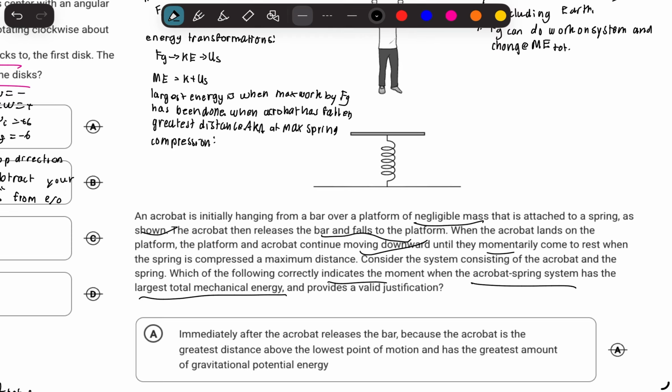And that is when your v is equal to 0 and your spring potential energy is equal to its max. So all work done by gravity has been stored in the spring.